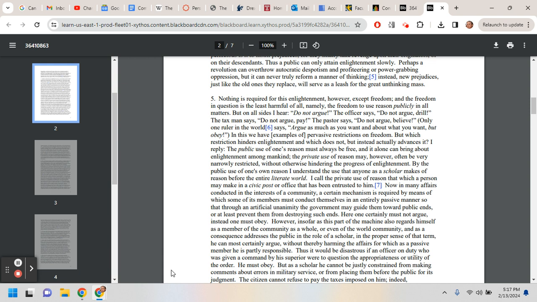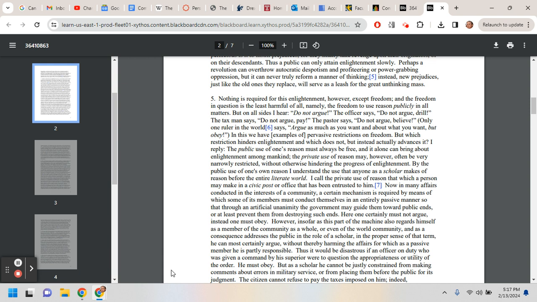It's a little bit counterintuitive what the differences are between the private and public use. In the private use of reason, he gives examples of people who occupy a civic post or office, thinking of priests or government officials, maybe even school teachers, I don't know.